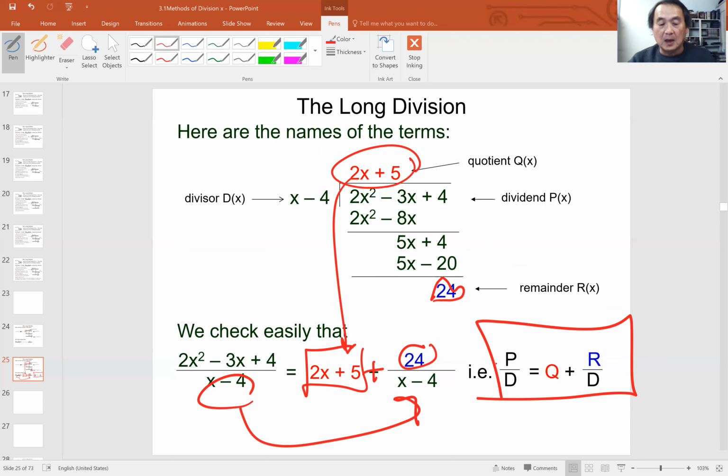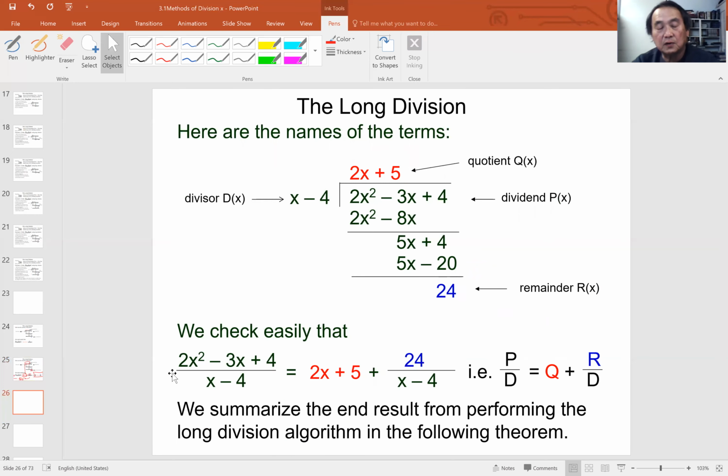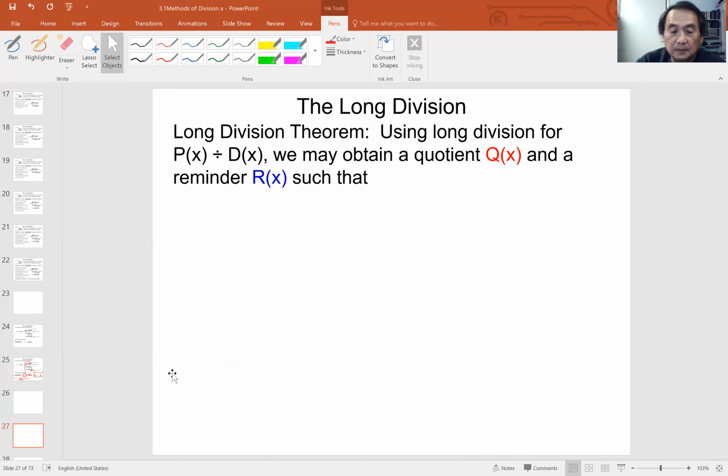If I do the fractional addition, putting everything over the common denominator x minus 4, and do all the algebra and simplify, it's equal to the original. This is a good practice to do backward. So there are two versions: the proper fraction form, if you like, and the mixed form.